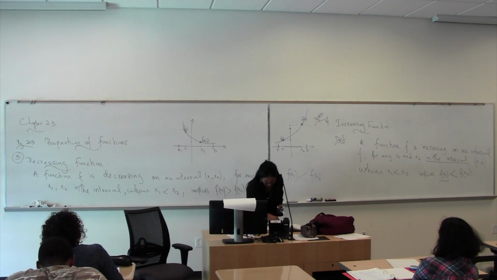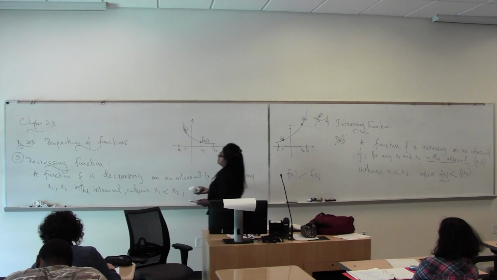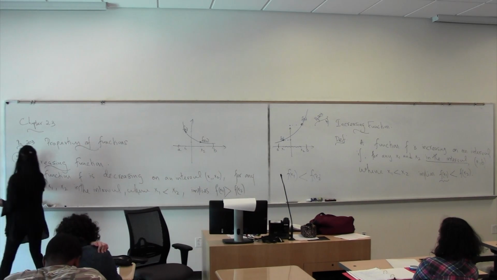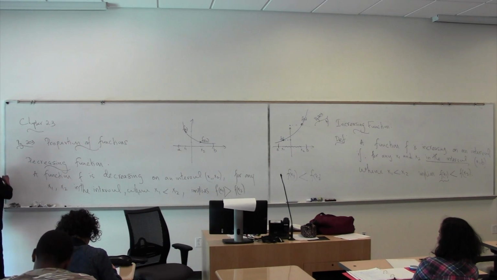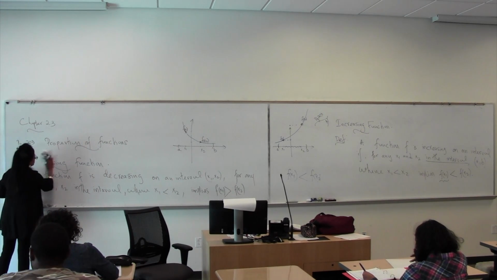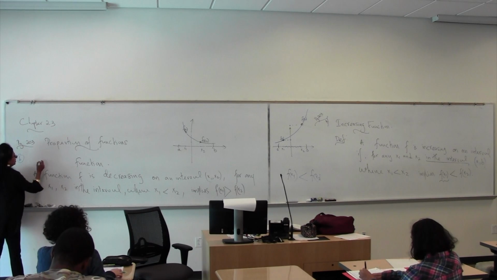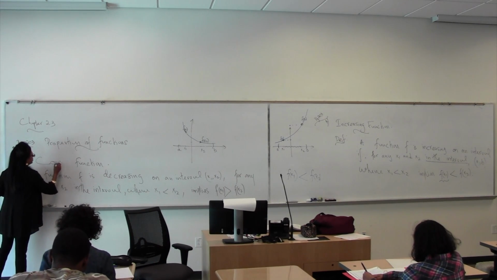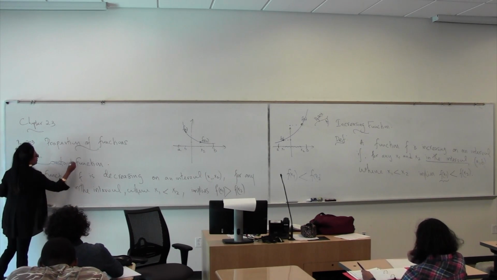Okay, the last part we have to do is when a function is constant. So, what do you think a constant function is? Straight line. So, this is number 6. Constant function.